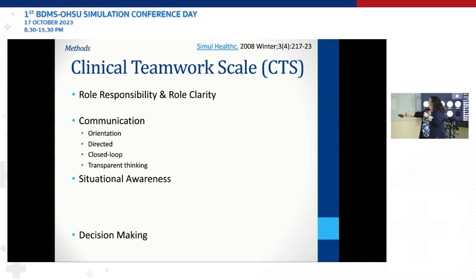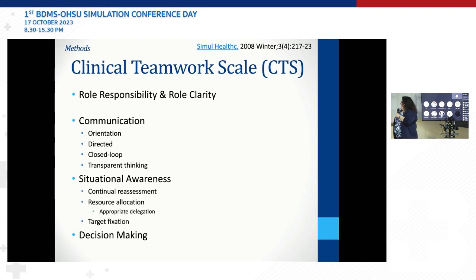Situational awareness is always fun. Continual reassessment. Like I said, you may not be on the same algorithm throughout the whole code. Resource allocation, delegating things, and avoiding target fixation. Do you guys know about target fixation, where everybody's focused on one thing to the exclusion? I went to a real code once where 3 people were trying to get an airway on a patient.